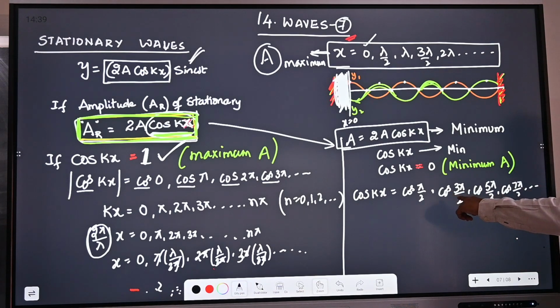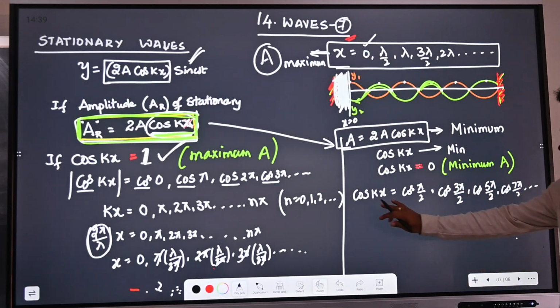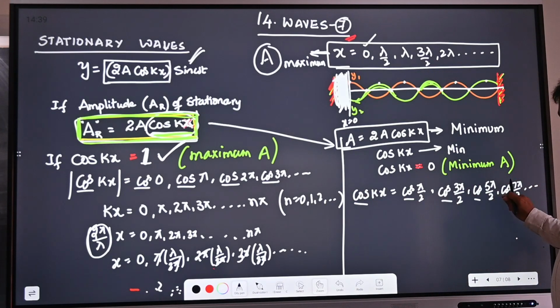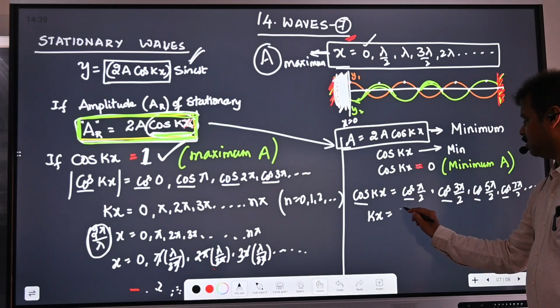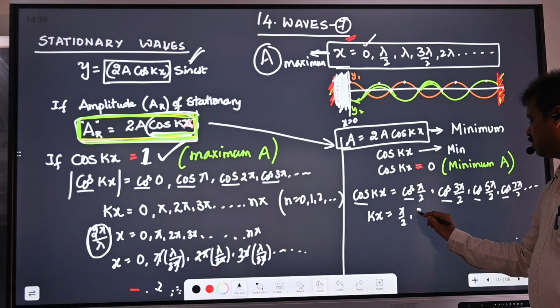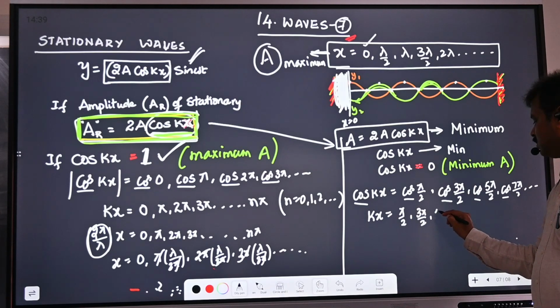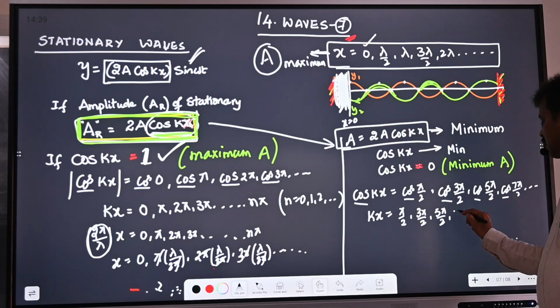These are the cosine values where the magnitude will become 0. Now take the cos on both sides. So what is the condition now? kx is equal to pi by 2, 3 pi by 2, 5 pi by 2, 7 pi by 2, and so on.